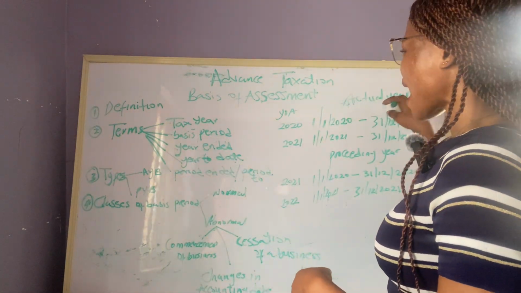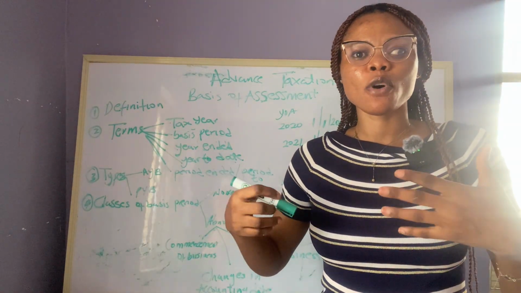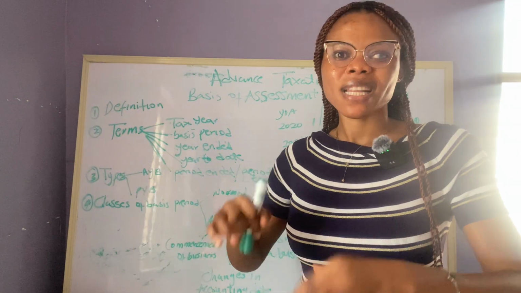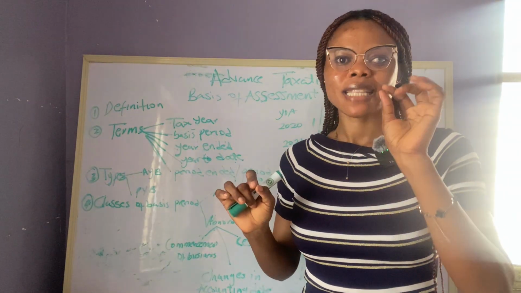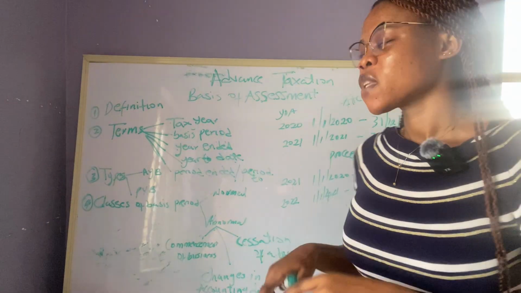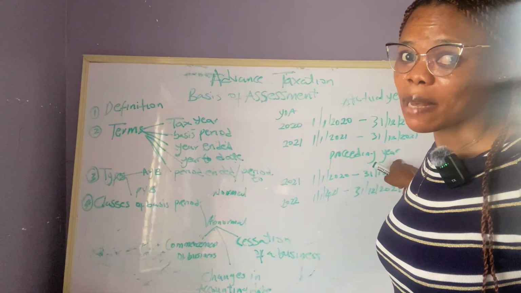But the type of tax that is subjected to tax on actual year basis, an example is capital gain tax. Do you understand? But when it comes to CIT, it is on preceding year basis that profits are subjected to tax.